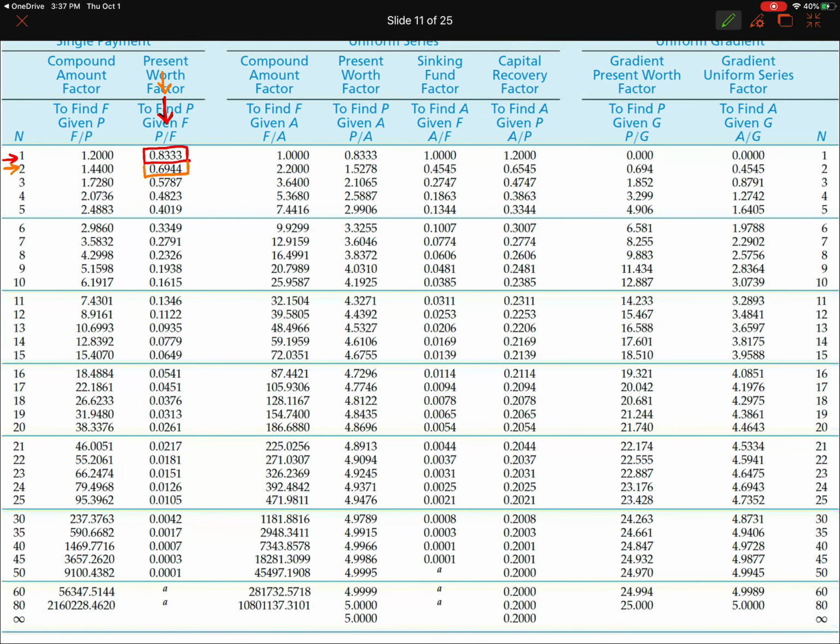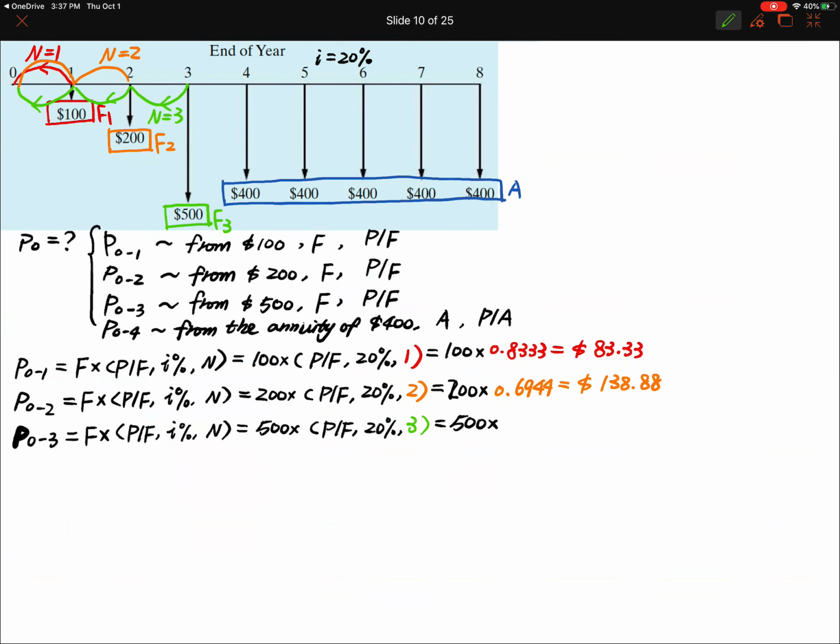So it's 500 times, what's the factor value for n is 3. So still you're looking at this column because you're looking for P given F, but n is 3. So this is your new factor. So it is 0.5787. It is 289.35.